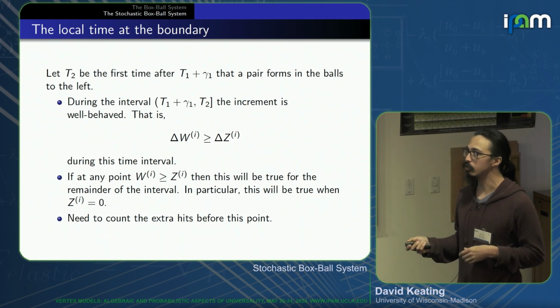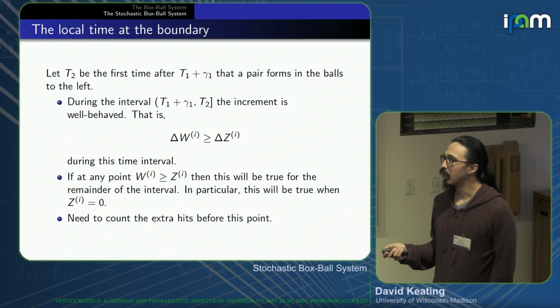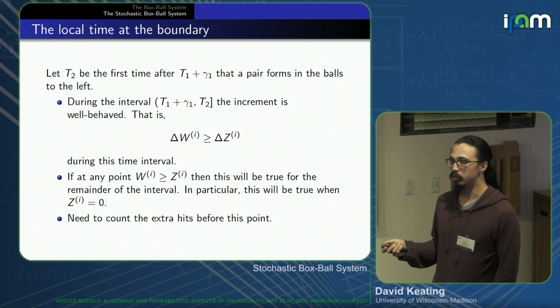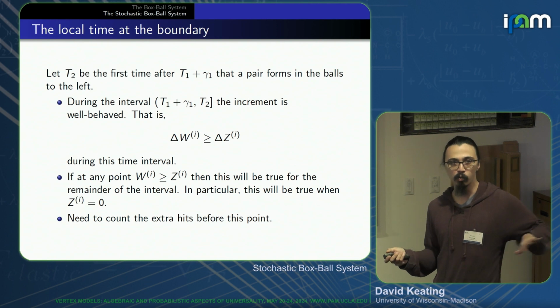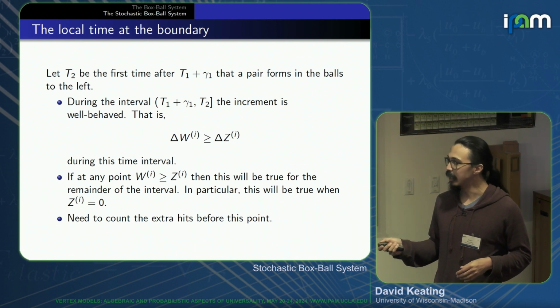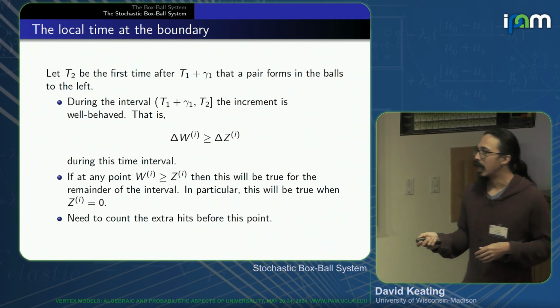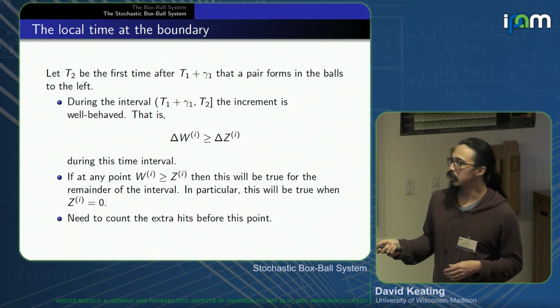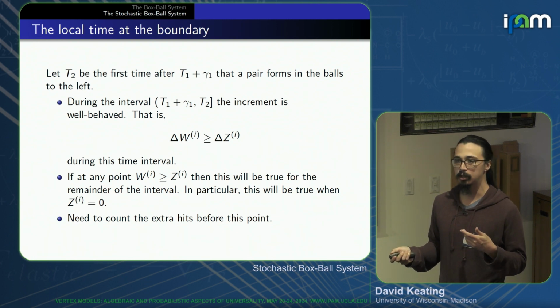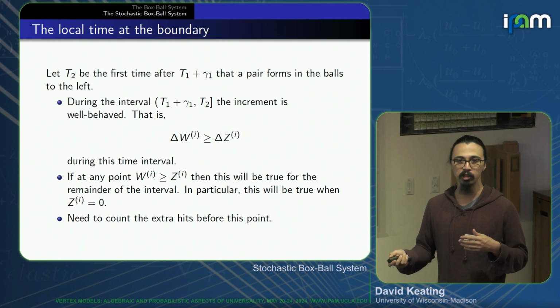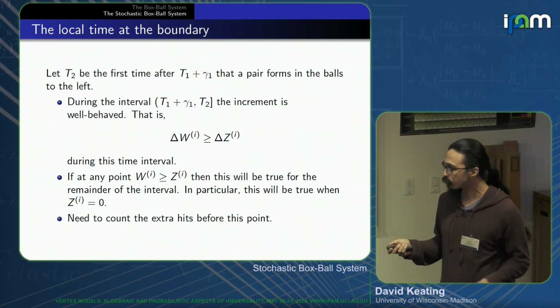But in this new interval, we still have that the increment is well behaved. So in this new interval from T1 plus gamma 1 to T2, where there are no pairs on the left, the increment is well behaved. And if at any point Wi becomes larger than Zi, then we preserve our domination for the rest of the interval.